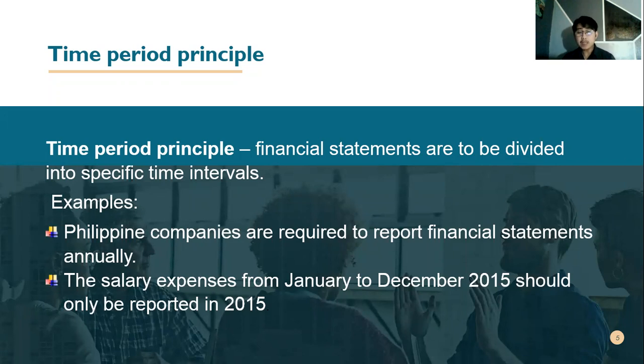So para mas maging clear to, we have example. So the first example is the Philippine companies are required to report financial statements annually. So kung dito sa time period principle, kung kailan kailangan ang reports or the accounting report, dapat doon gagawin yon sa time na yon.